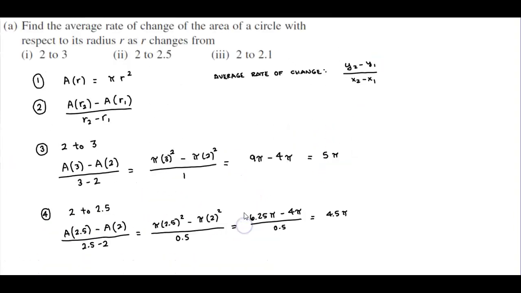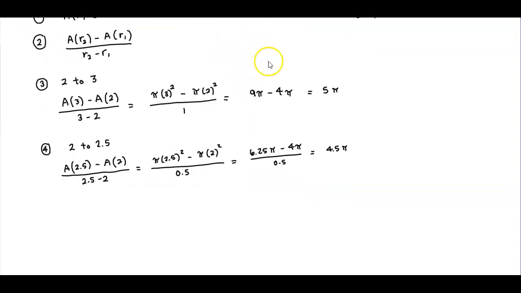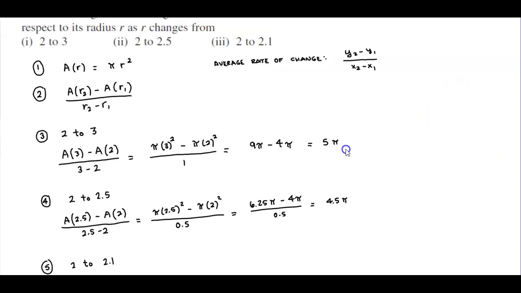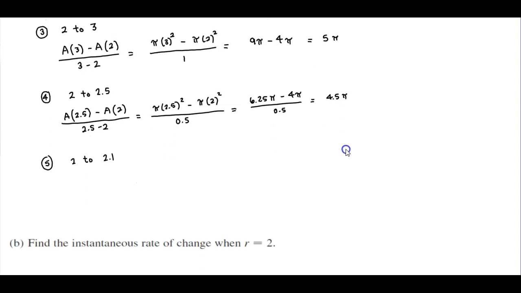Okay. So next is 2 to 2.1. So going from 2 to 2.1, we want to find A of 2.1 minus A of 2 divided by 2.1 minus 2.